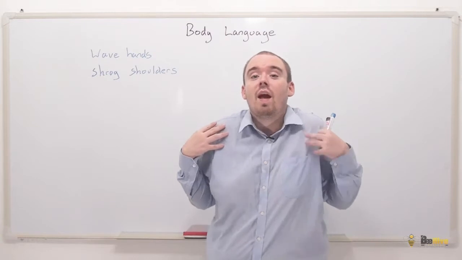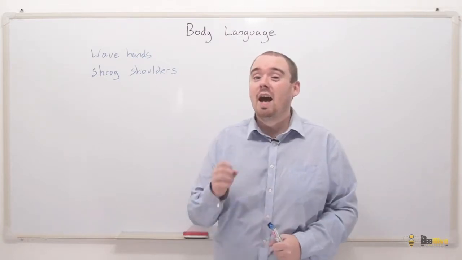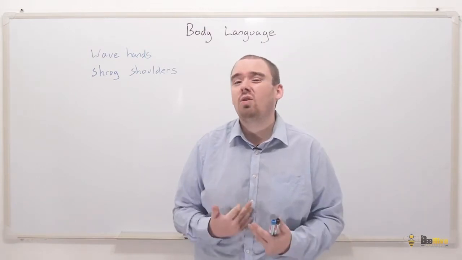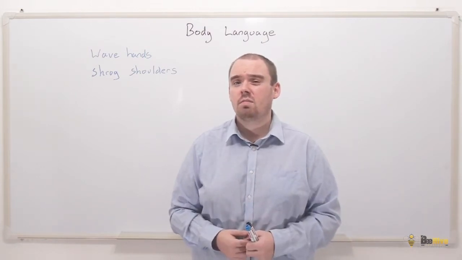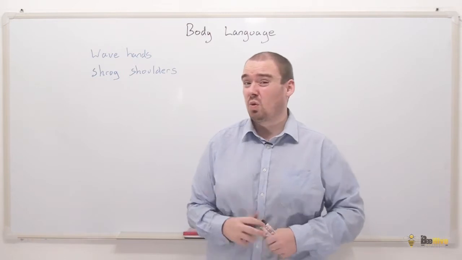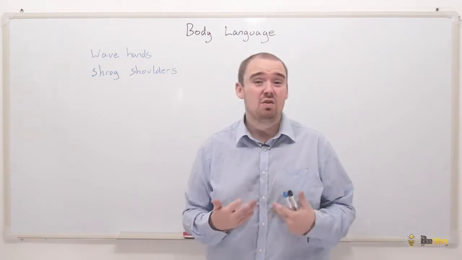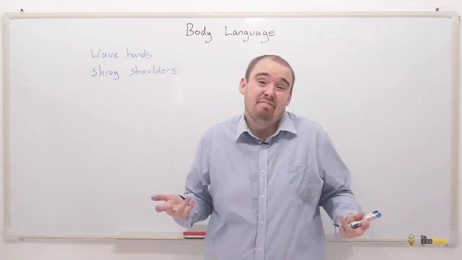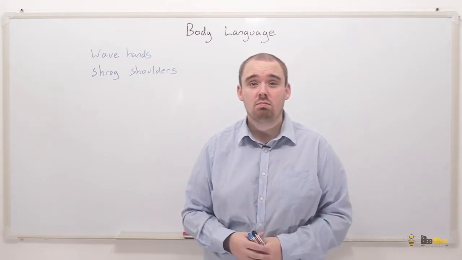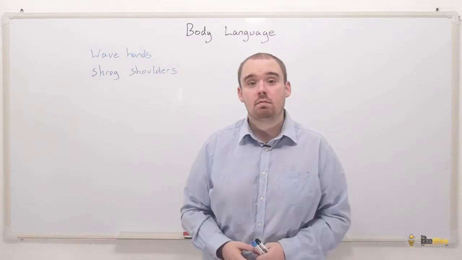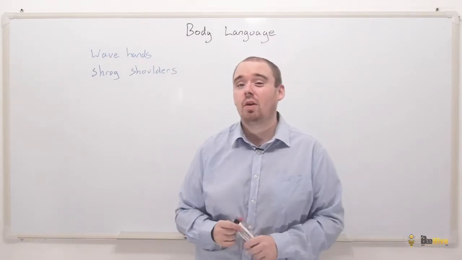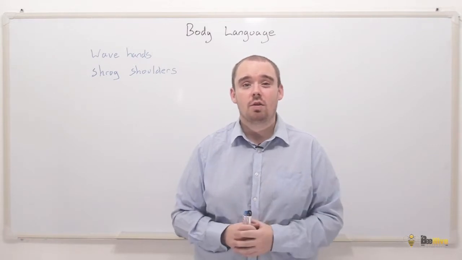We just raise our shoulders. And people shrug their shoulders when they don't know something. So if someone asks you a question and you don't know the answer, people will go, I don't know. I'll see. I can tell you later. These are examples of when people shrug their shoulders.